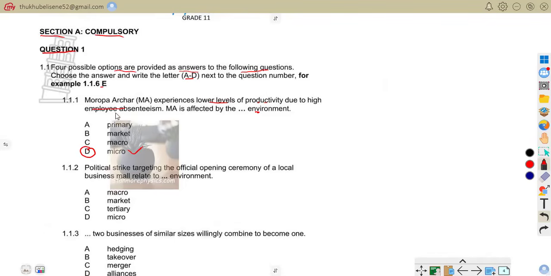We are saying it's micro environment because the employees are components of the micro environment, because they are found within the business, and the business is able to control them. They have full control of that. So as we are told that there is high employee absenteeism, they can control that. So the correct answer is micro environment.